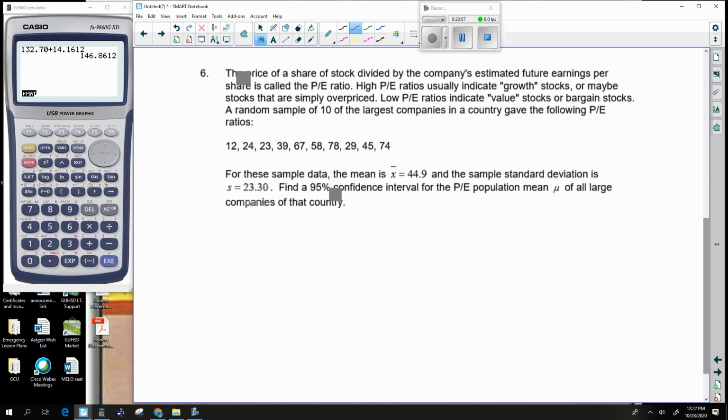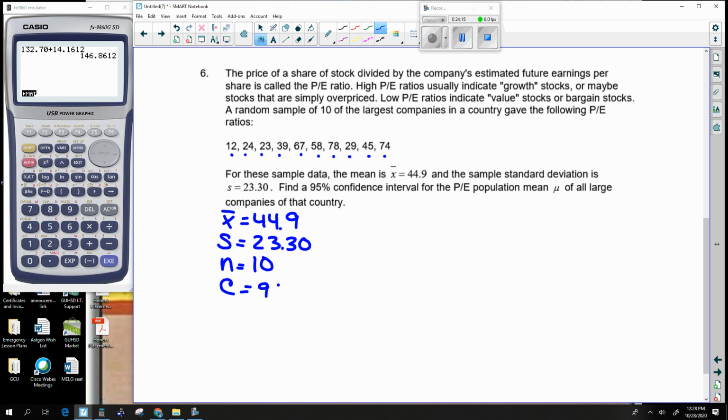Then again, one more problem, confidence interval. Here they give me the average. Standard deviation is an S. Sample size is 10. Confidence is going to be 95%. My degree of freedom is 9.